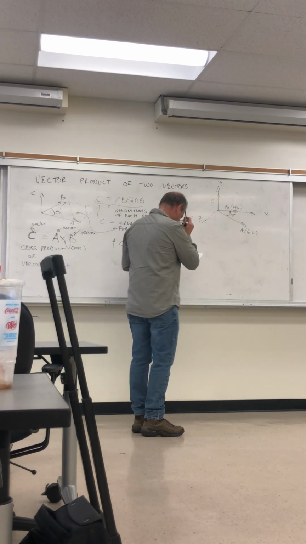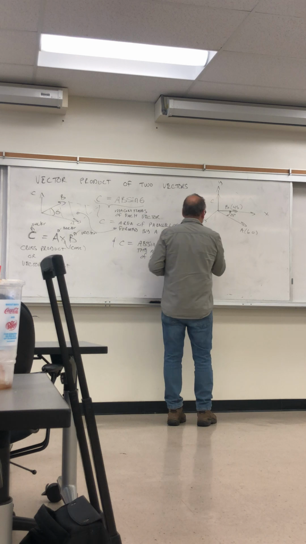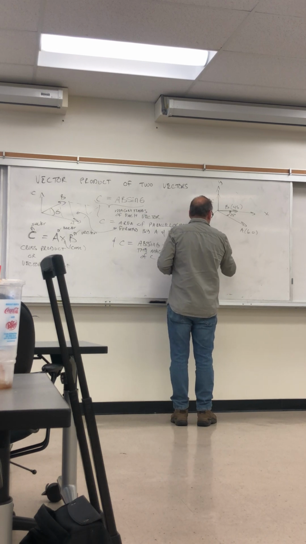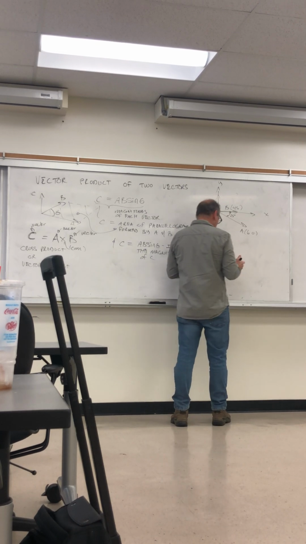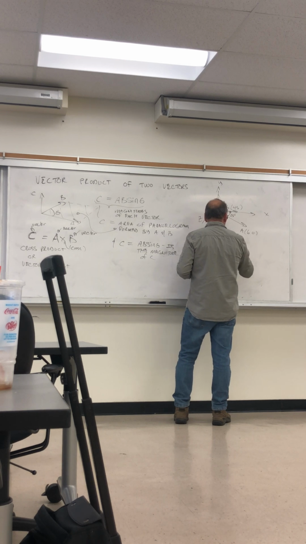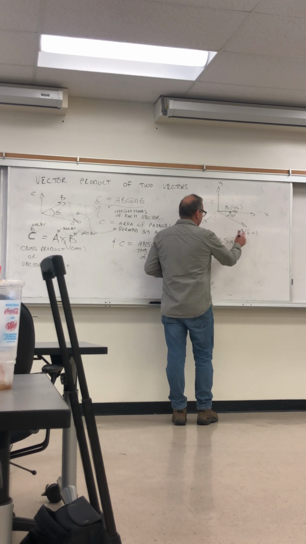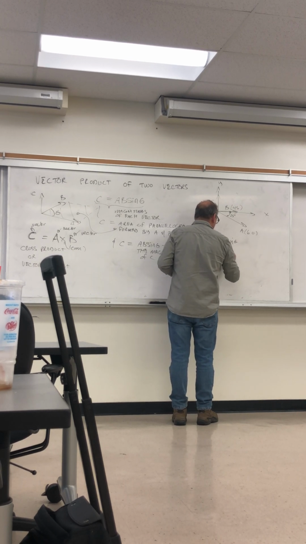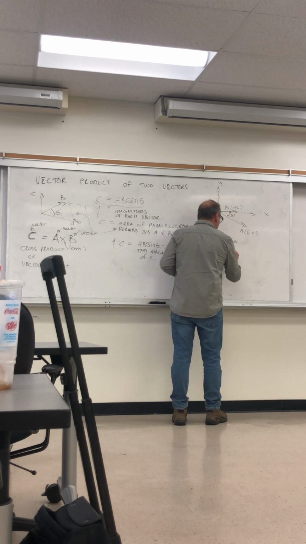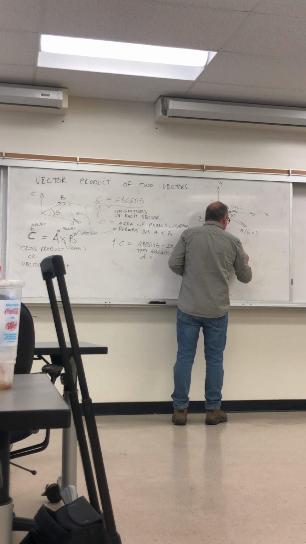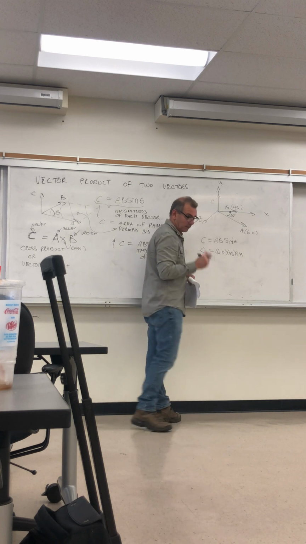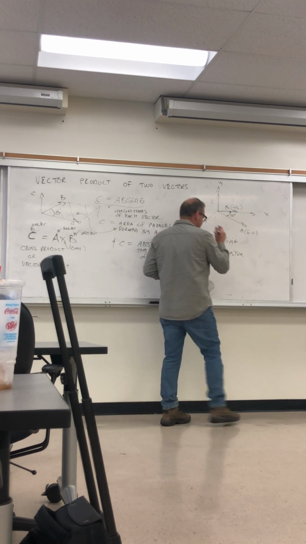And we have C is A times B, these are magnitudes, multiplied by the sine of theta. So C is 60 multiplied by 45, and the sine of the angle between them, which in this case is 25 degrees.